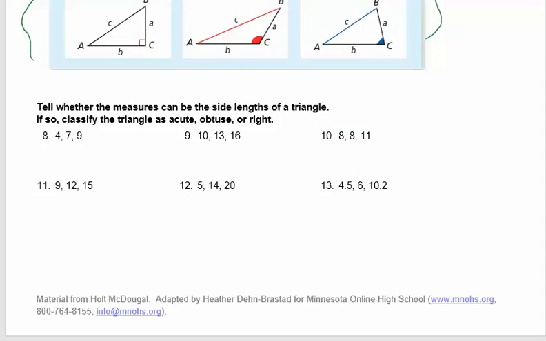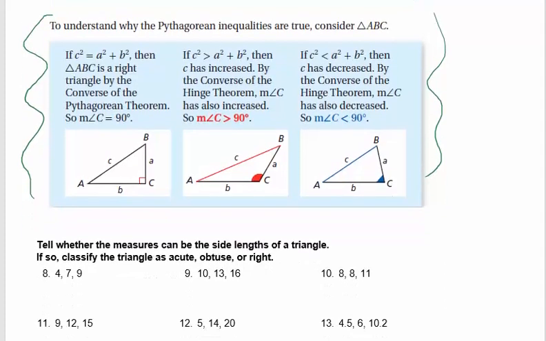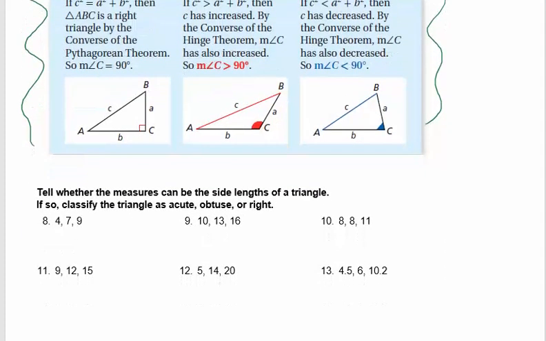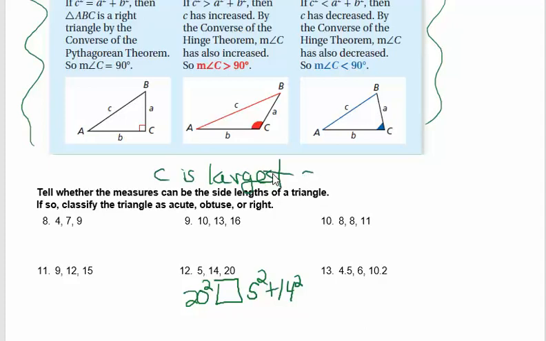So if c squared has to be on the left, then take your biggest one, like in number 5, we'll do the 20 squared, and then we're going to see if it's equal, less than, or greater than 5 squared plus 14 squared. So you want c squared, and then you want to use either equal, less than, or greater than, depending on what you find, and a squared plus b squared.